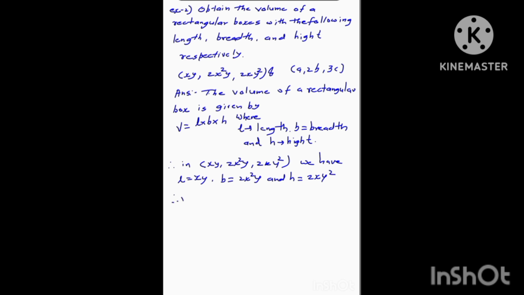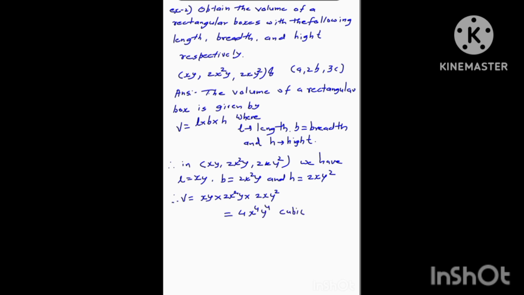Now it has become a very simple problem. So we write V equal to xy into 2x square y into 2xy square. So you multiply 2 into 2 is 4, then x raised to 4 and y raised to 4.